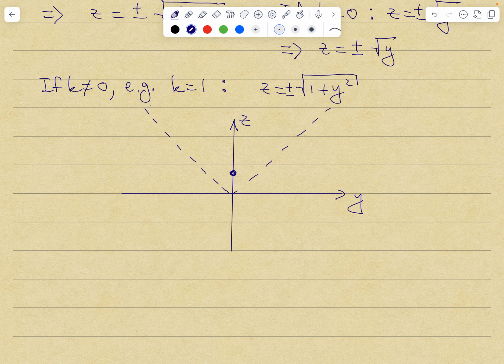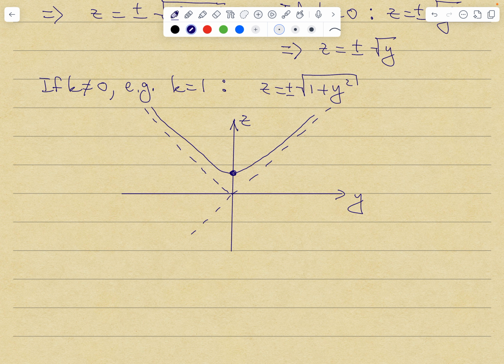And so if you think about this, this means that the graph will approach the line z equal to y, or z equal to minus y, as y goes to plus or minus infinity.